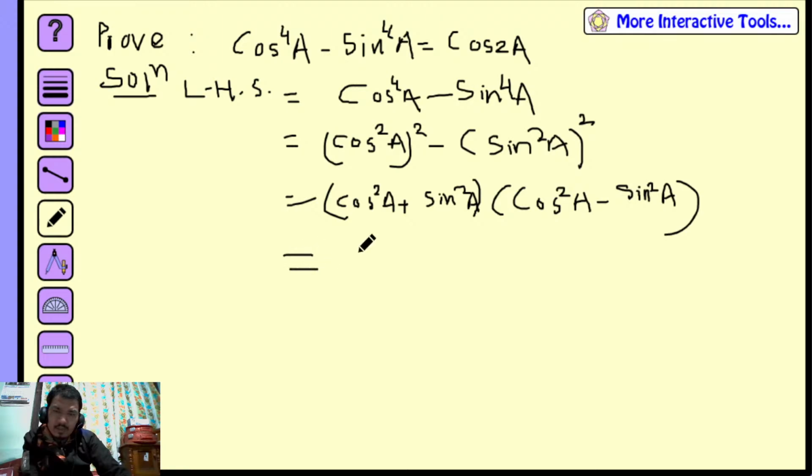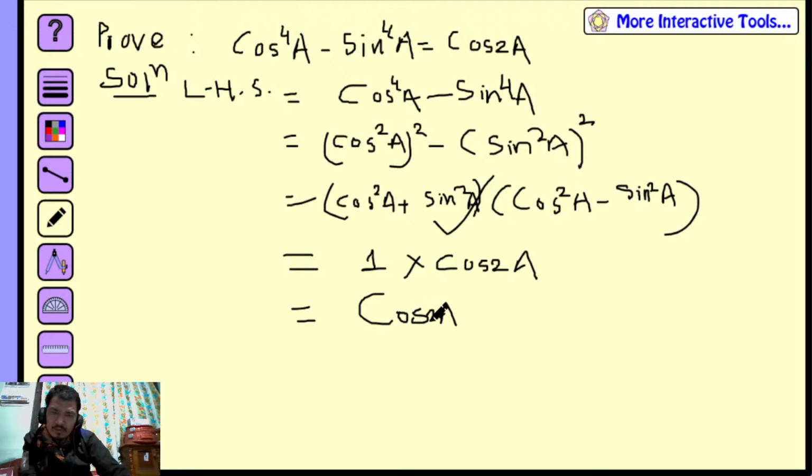As we know, it is the Pythagoras relation, that's why its value is 1, okay? And as we just learned, cos square a minus sine square a is the formula of cos 2a. When you multiply this cos 2a with 1, its value will also be cos 2a.